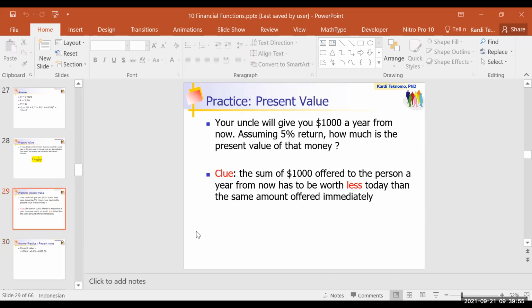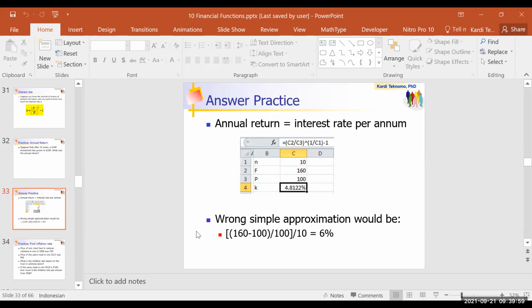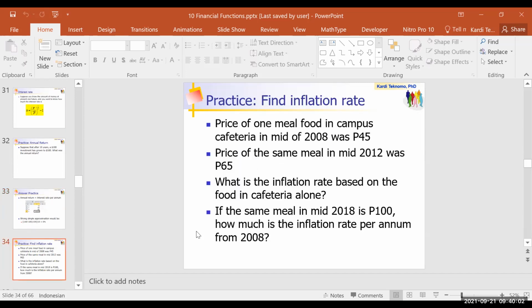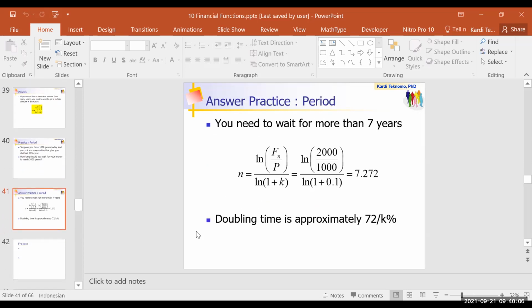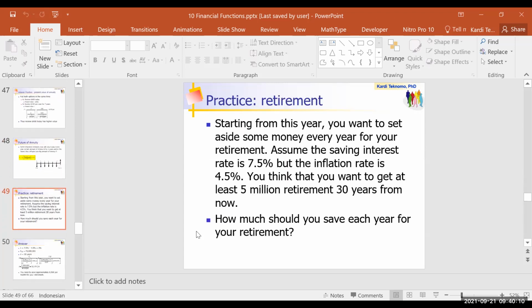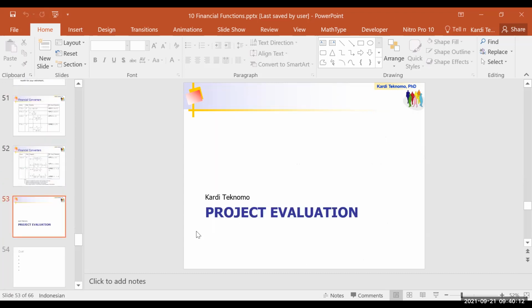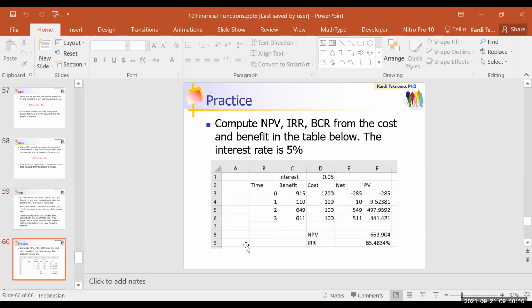Yes, knowing the future value, we can get the present value using PV. Okay, so then you put everything back to the present value. And when you get back the present value, you're supposed to get this value that you put there.